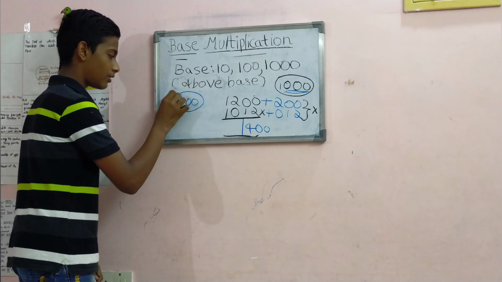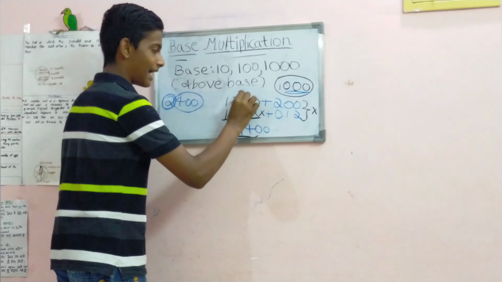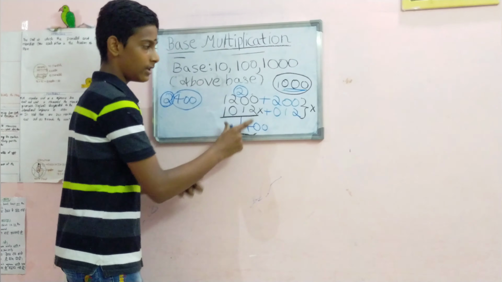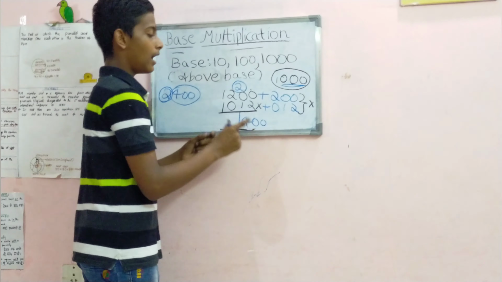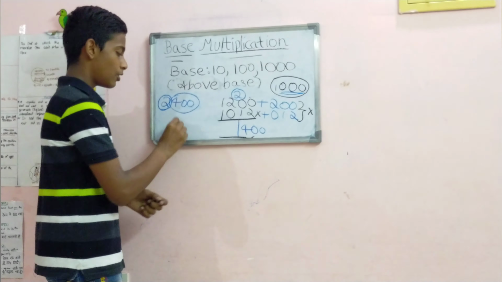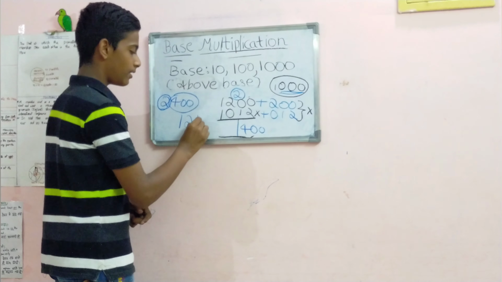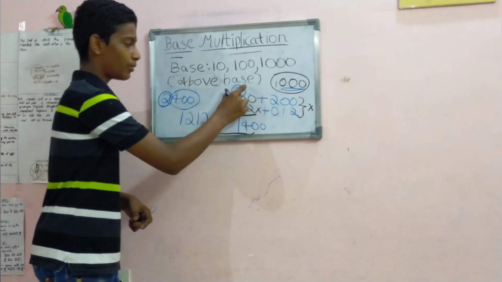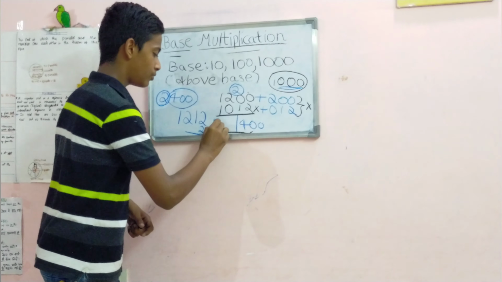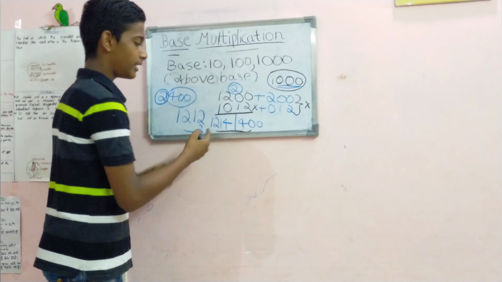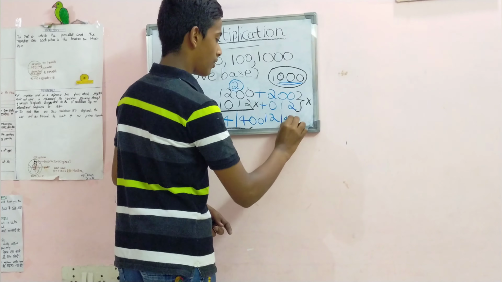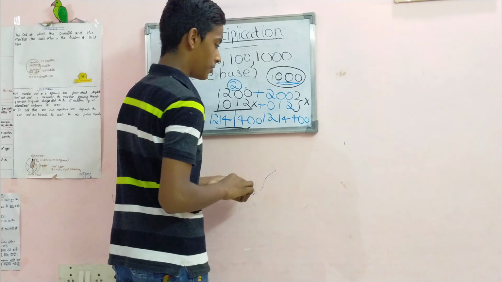And this 2 is to be taken as a carryover for this sum. 1012 plus 200 or 1200 plus 12 gives us 1212, and together with this carryover it gives us 1214, and this is our final answer, which is 1214400.